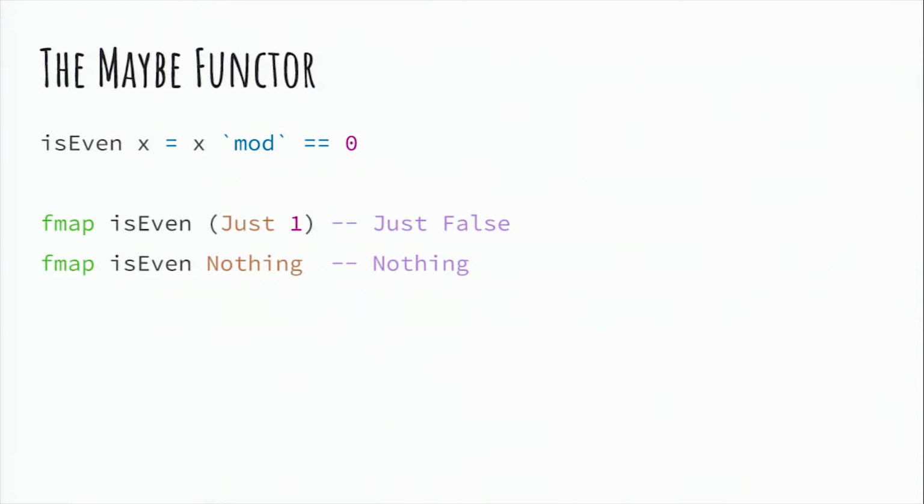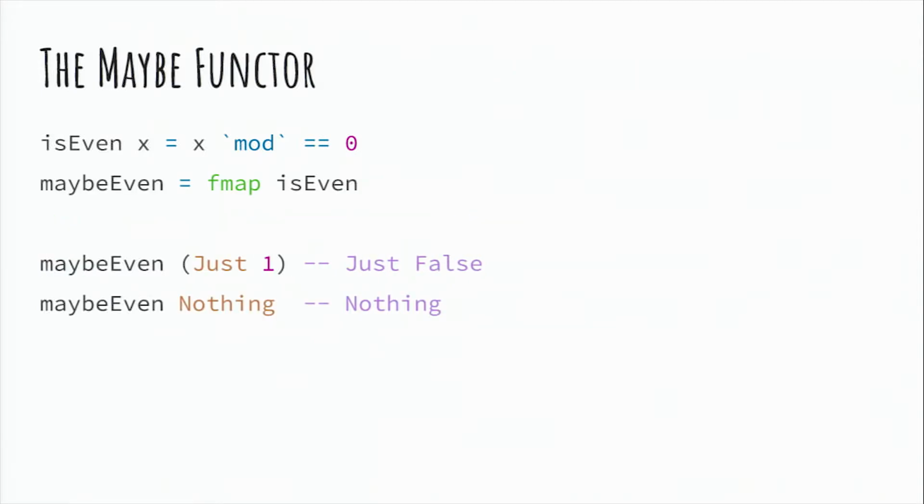So in practice, it's pretty simple and it's pretty powerful. Here's also where the point-free programming comes in, because you can also have a function that works on a Maybe Int called maybeEven. So you partially apply the fmap function, and then you can say maybeEven (Just 1), and it says Just False. maybeEven Nothing, it says Nothing.